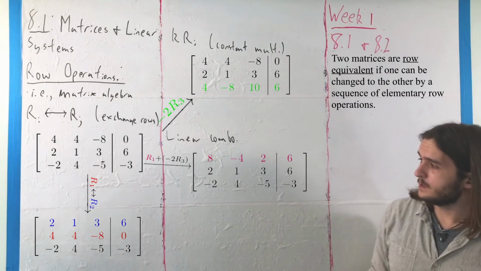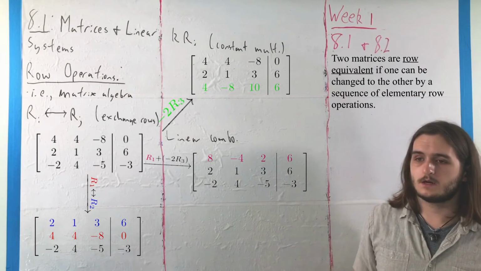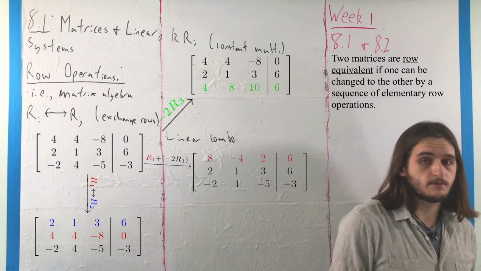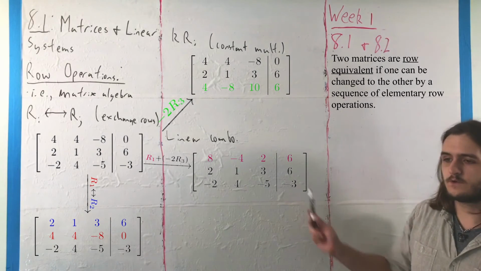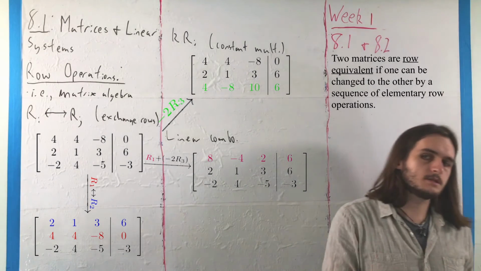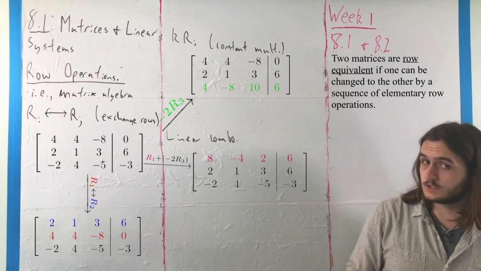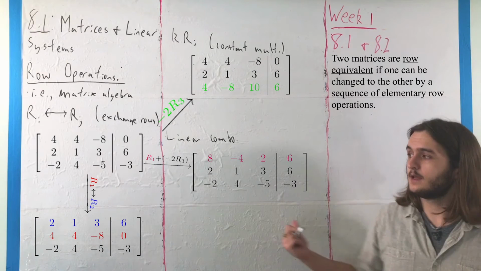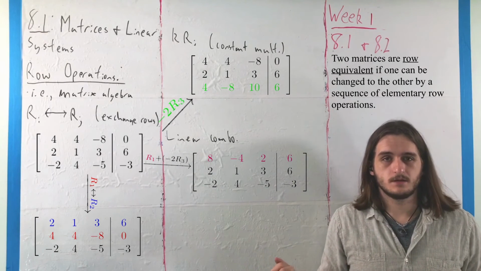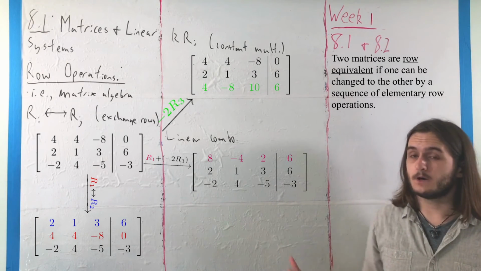That is to say, if we took everything in here and turned it back into a system of equations, and then did the same thing over here, we would get the same system up to whatever adjustments we made. So whatever solutions this one might hint at that that one doesn't, will still solve both.